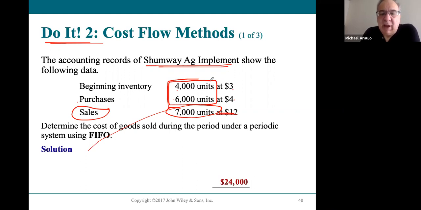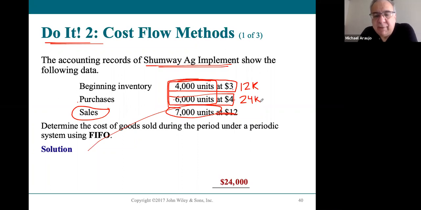The beginning inventory is $12,000: 4,000 units at $3 is $12,000. So we have $12,000 of inventory to start with. 6,000 units at $4 is $24,000. The K I'm using is for 1,000. So they have a total of 10,000 units.